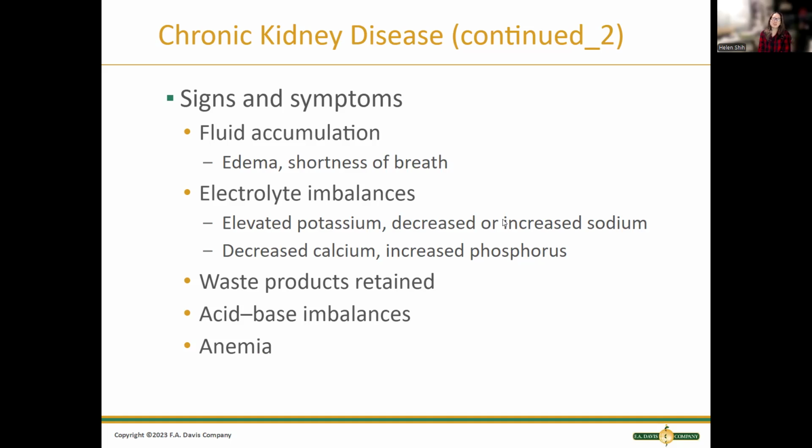And phosphorus has an inverse relationship with calcium, meaning the more phosphorus you have, the less calcium you will have in your body. The more calcium you have, typically the less phosphorus you have in your body. However, because your body's not able to get rid of excess phosphorus through urine, it's going to retain the phosphorus.